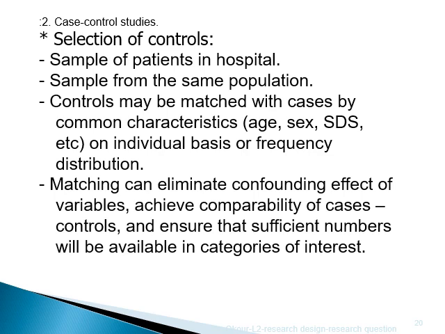But it's not recommended to do a lot of matching, because matching can eliminate the confounding effect of variables, achieve comparability of cases and controls, and ensure that sufficient numbers will be available in categories of interest. But as I said, we limit the matching to not so many variables.